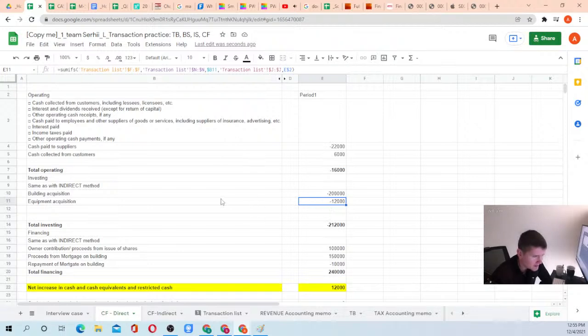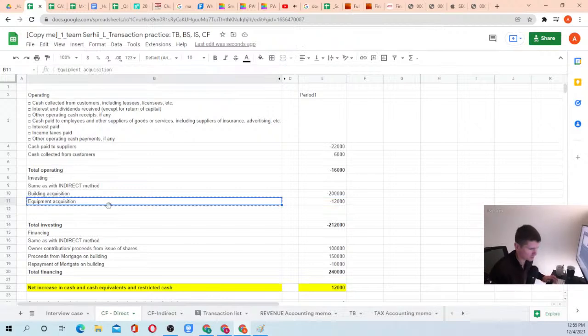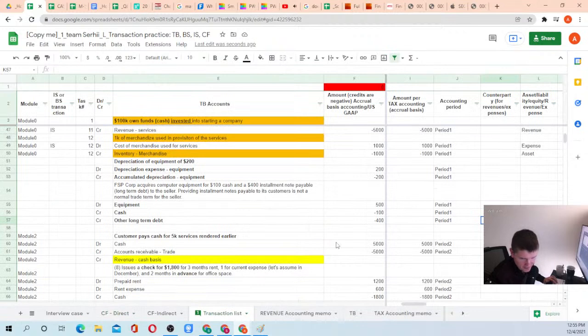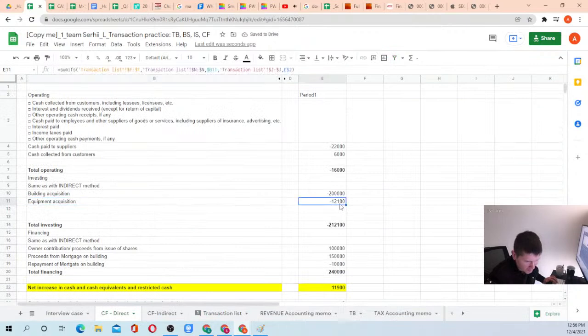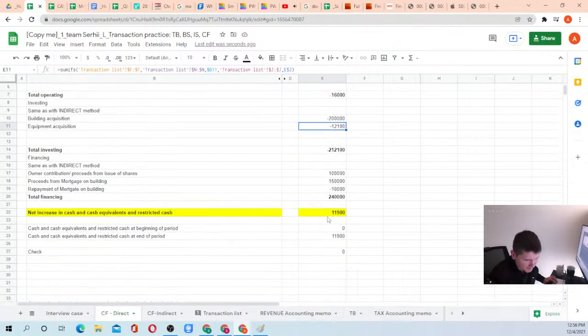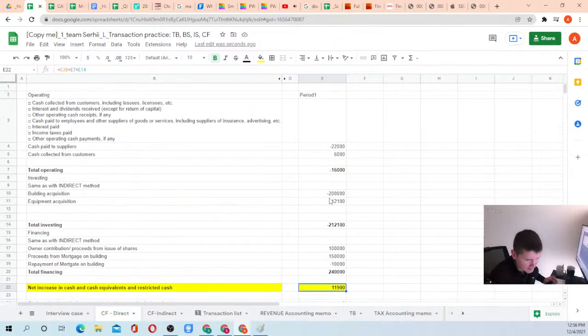Okay, minus 12,000. So that should work. Sometimes we will have to change formulas. So in our case, we have somewhat universal formula. Okay, 100. Let's see. Okay, 100 added here. And we have 11,900.